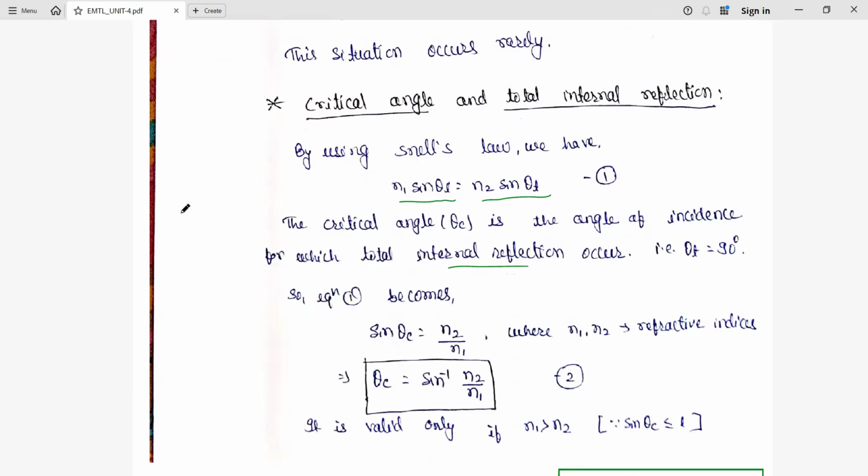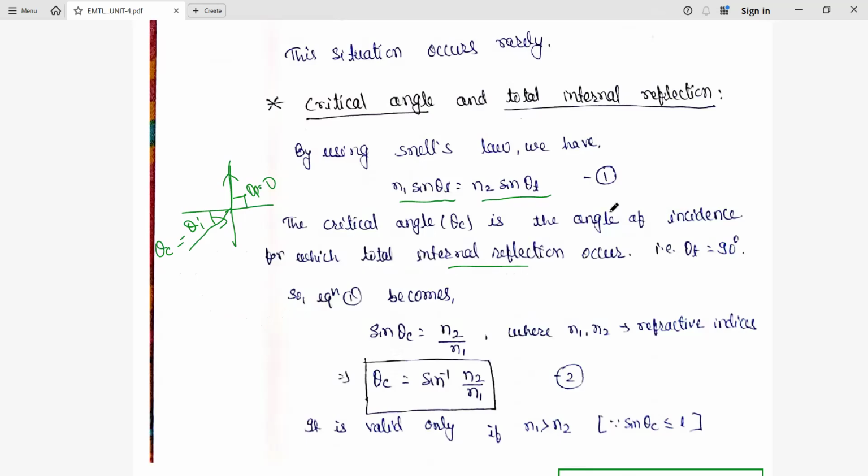That means if the wave is incident like this, then finally it will go along the boundary, so theta t is 90 degrees and theta I becomes theta c.